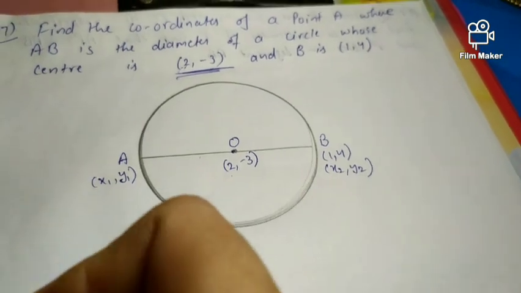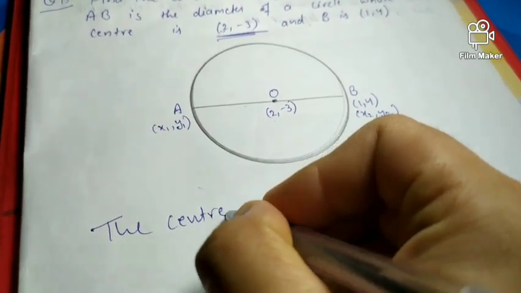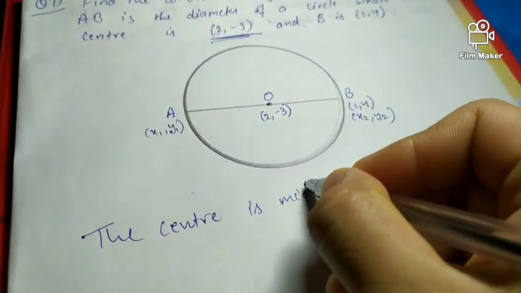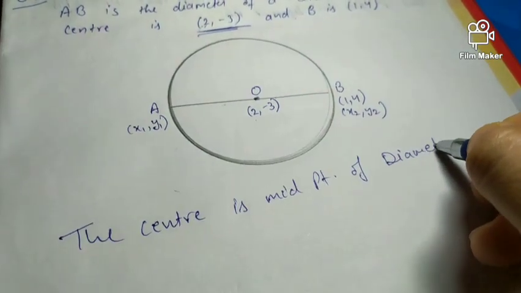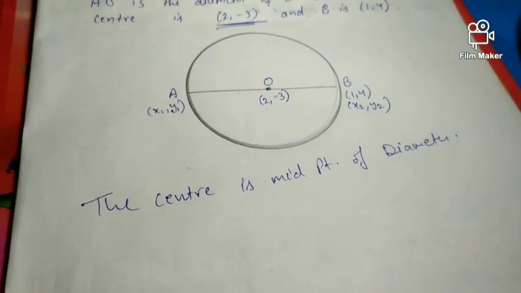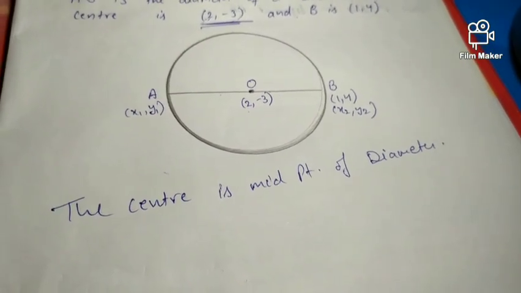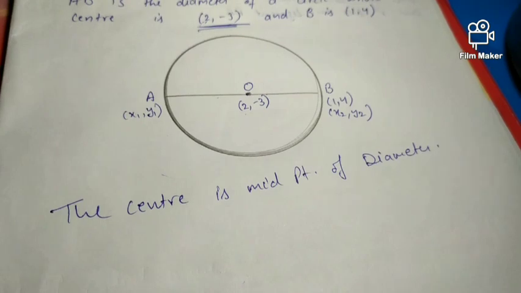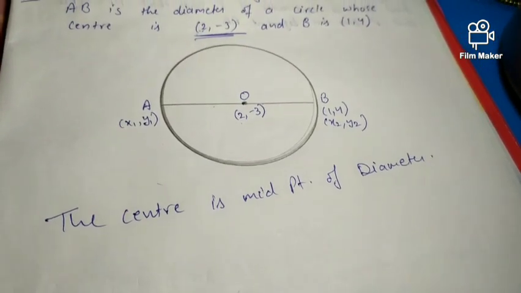We all know the center is the midpoint of the diameter. This is clear to all. We all know about this. So which formula will we apply? Yes, the midpoint formula.